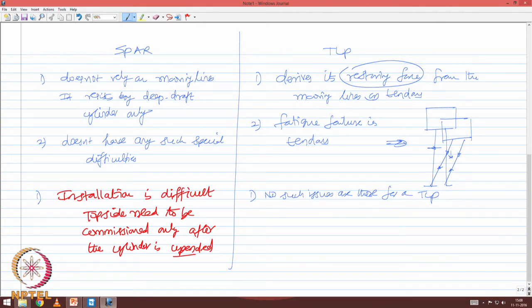Let us quickly see what advantages spar has compared to a TLP.